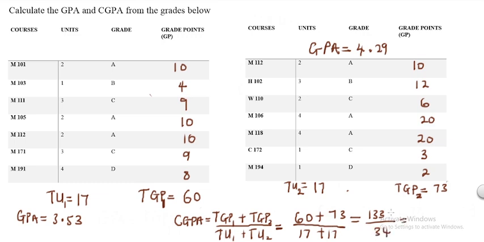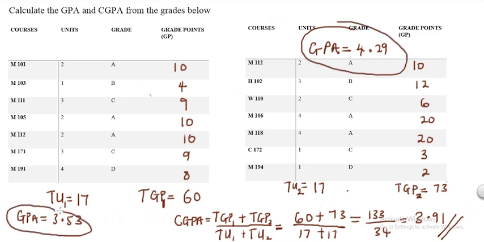If you use your calculator and do 133 divided by 34, we get 3.91. So this is our CGPA across the 2 semesters, and these are our individual GPAs for the second semester and for the first semester.